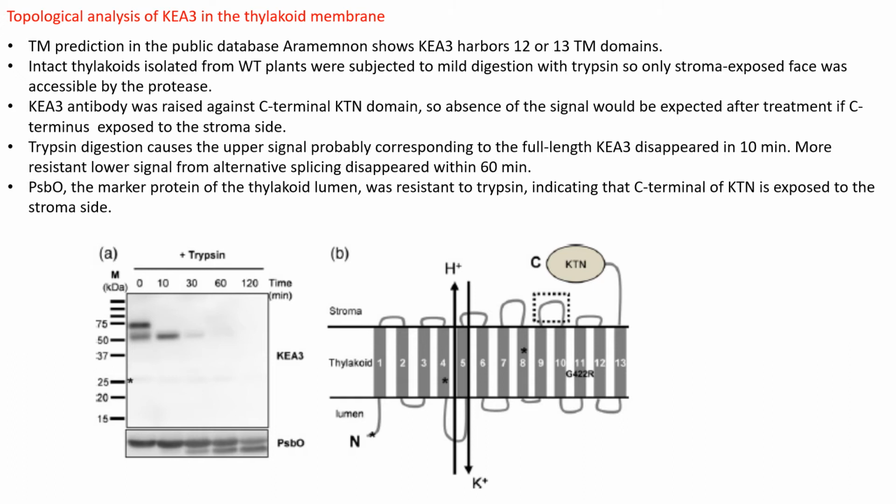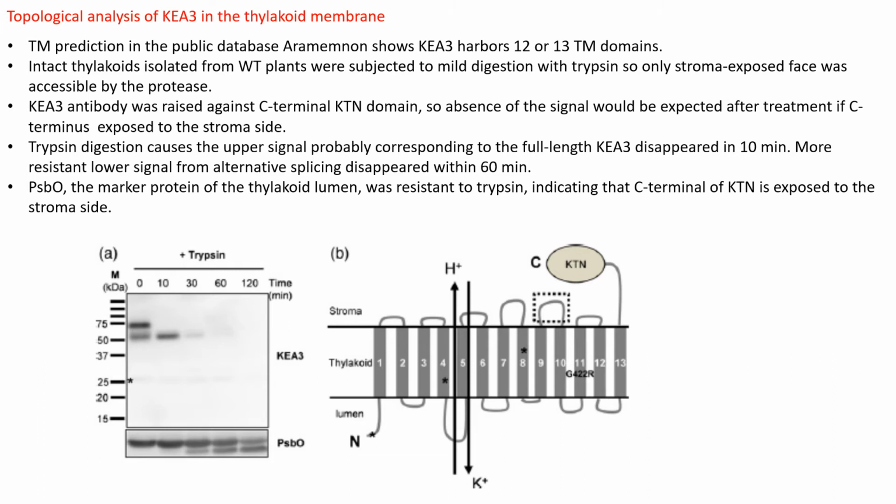Now, the KTN domain can be digested by using a protease such as trypsin. So, in order to know the location of KTN and how KEA3 is oriented in the thylakoid membrane, intact thylakoids isolated from the leaves of wild-type plants were digested using trypsin.